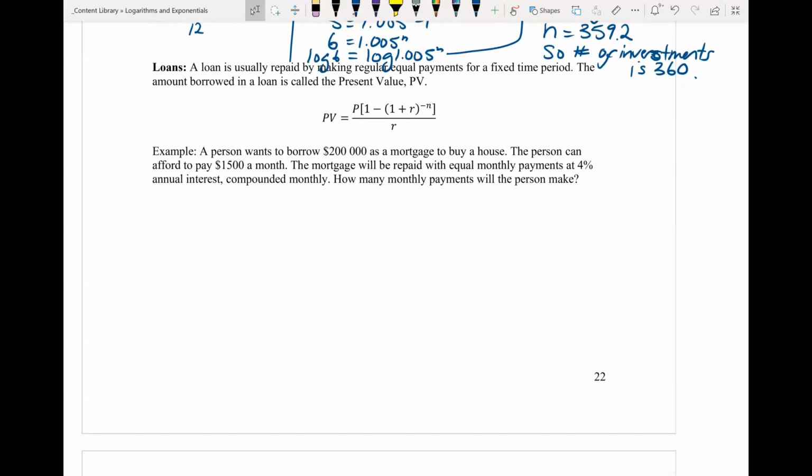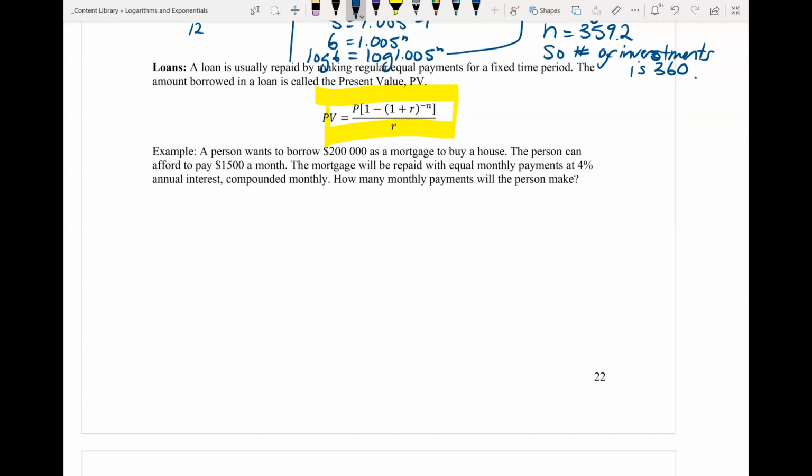The next type of question we're going to cover are loans. So a loan is usually prepaid by making regular equal payments for a fixed time period. Our formula is present value, where P is your interest, R is your rate in decimal divided by your compounding period, and N is the number of investments being made.